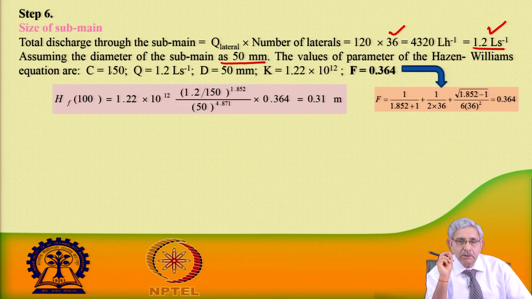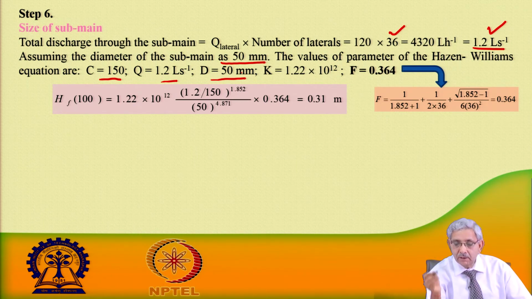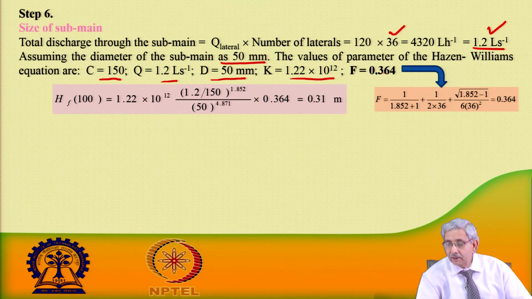Here the pipe material could be another, it could be PVC or HDPE. So, the value of C is 150. Q is known, that is 1.2 liter per second. The diameter of the submain pipeline is assumed as 50 millimeter, and this is the unit constant, 1.22 into 10 to the power 12, and F has been calculated by using the same reduction factor formula.